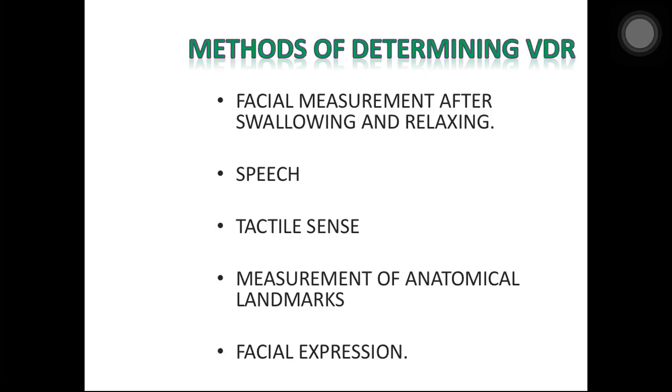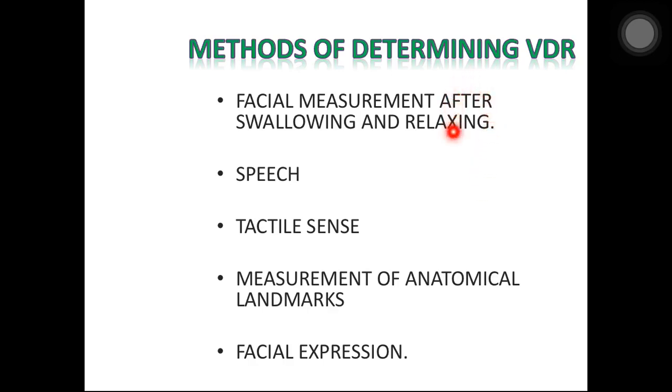In the vertical dimension or the vertical jaw relation record, we have different mechanisms, or you can say different methods, to record the vertical dimension. A total of 5 different concepts are used in recording the vertical dimension relationships. First one is the facial measurements after the patient is asked to swallow and relax his or her jaw.